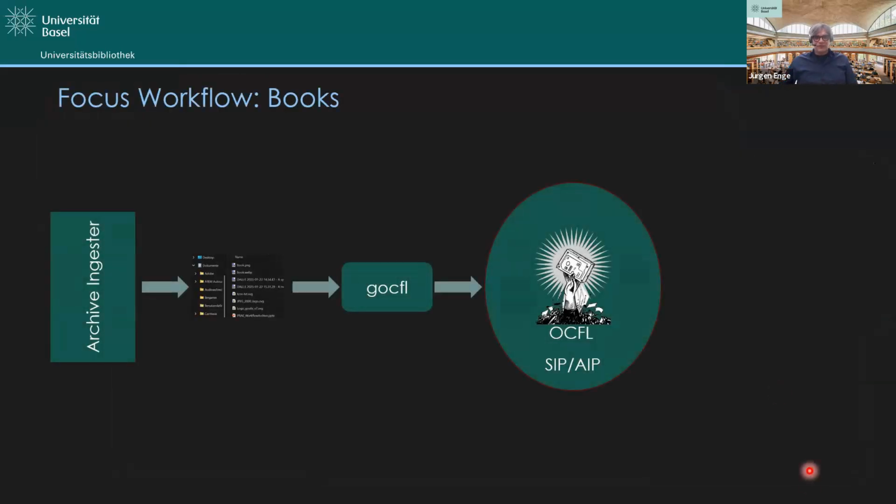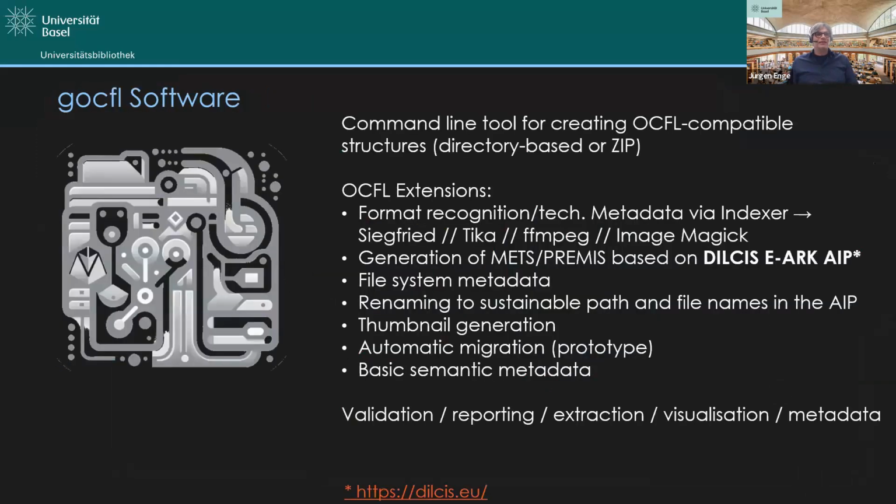So back to our OCFL or GoCFL tool. So what does this tool do, that's the packager. It's actually a command line tool which implements a number of OCFL extensions. So it takes what the ingester has generated, the file structure, and then it does several steps to enhance the package.